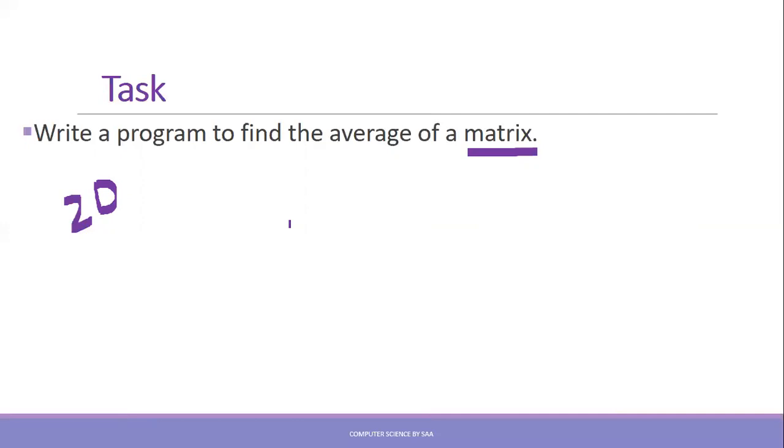In the same way, you have to perform the same calculation but for the 2D array. Those who have the facility of Dev C++ can do it on their computers. Otherwise, you can simply do this task in your registers and share it with me.